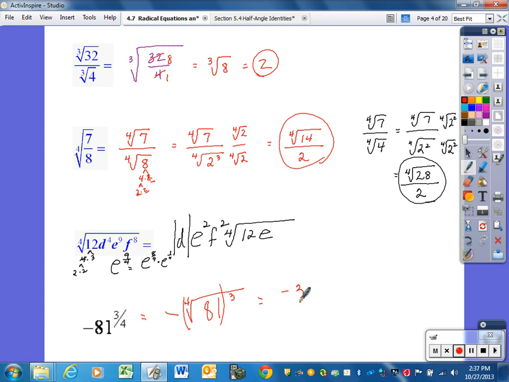So I have a negative of 3 cubed is a negative 27. If they meant for it to be a negative 81, they would have put the negative in the parentheses. Since it is not in the parentheses, it means the negative is in front of the 81. It means this.